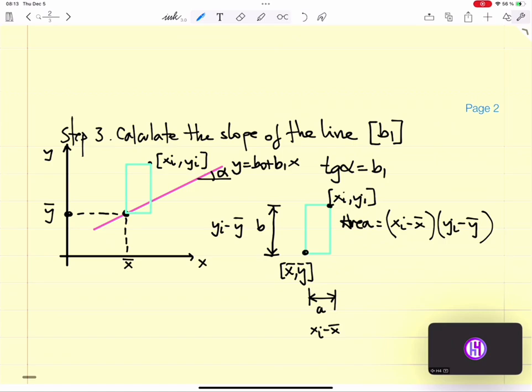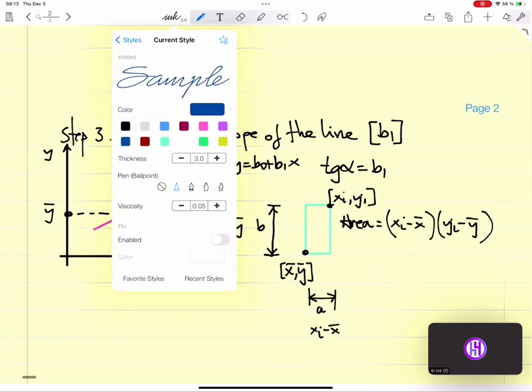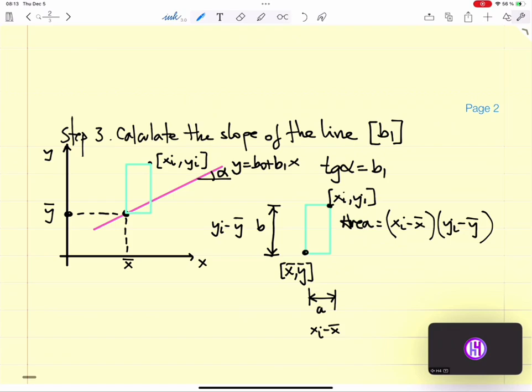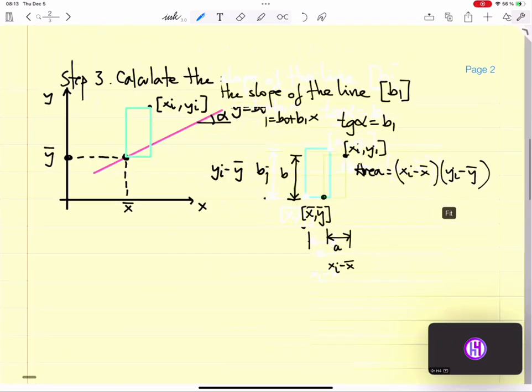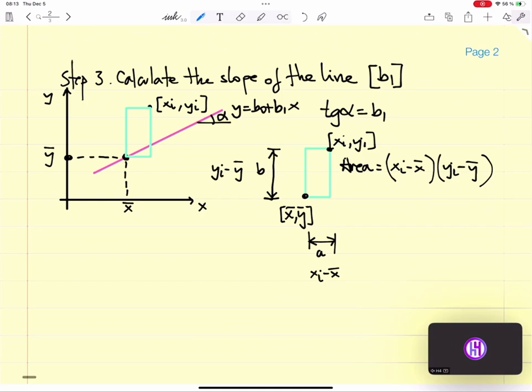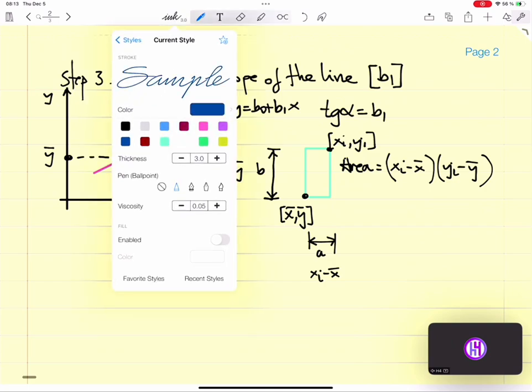So what is the units of this? It's an area. Okay, so if we want to have a slope from this, we need to divide this by another area that is unitary.